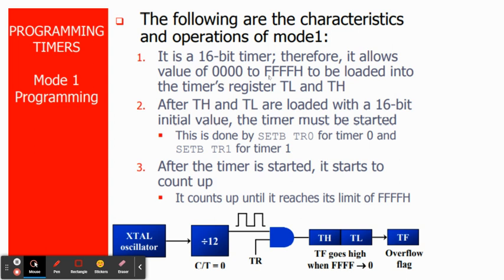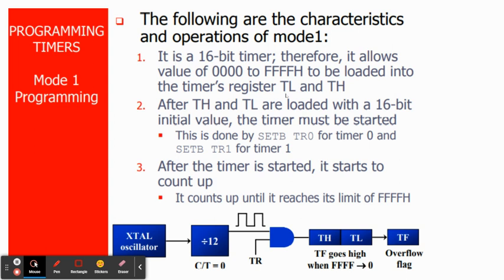And this four Fs, FFFF in hexa, is actually 1111 four times, or 16 ones in binary. So don't think that this 0000 means 4 bits. It's actually 16 bits. And FFFF is also 16 bits if you convert it to binary.